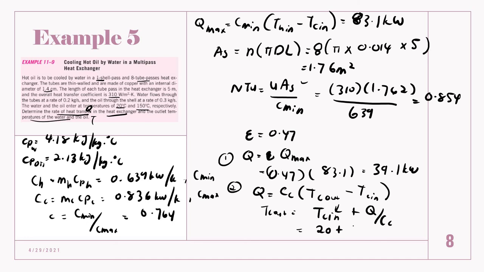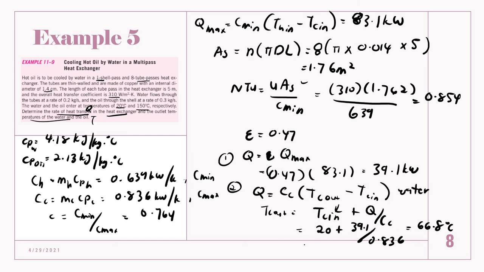So 20 plus 39.1 over Cc, 0.837. So the answer you will get is 66.8 degrees Celsius.